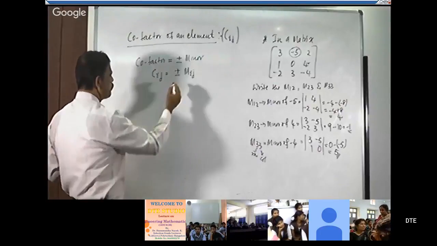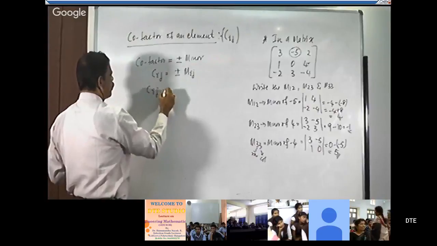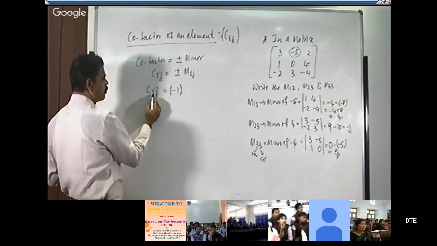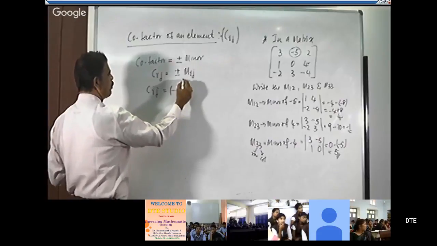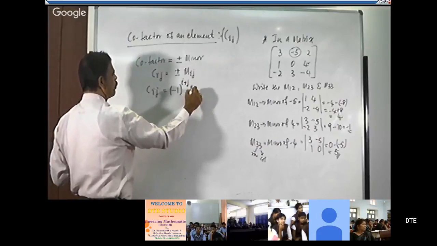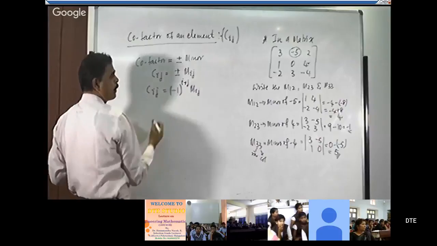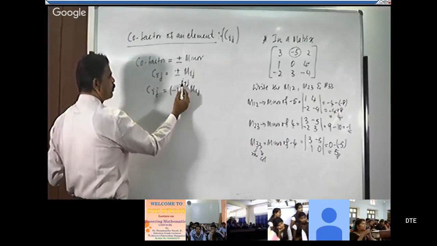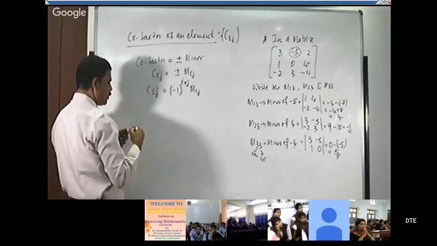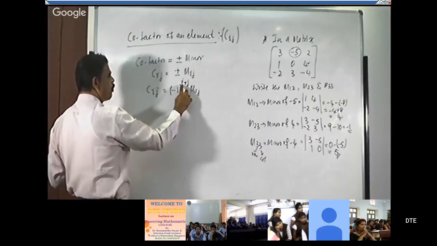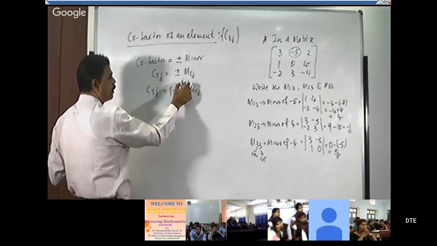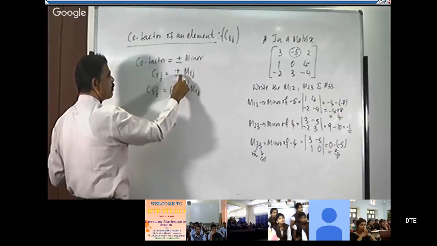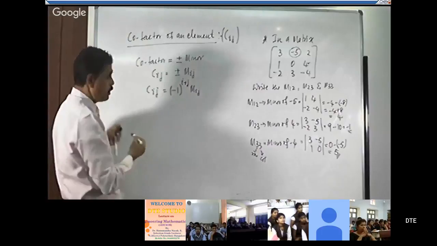This is always equal to: cofactor of an element in the ith row, jth column is minus 1 to the power of i plus j into Mij. So depending on the position of the element, that is the sum of the row and its column, you will have a plus sign or minus sign.